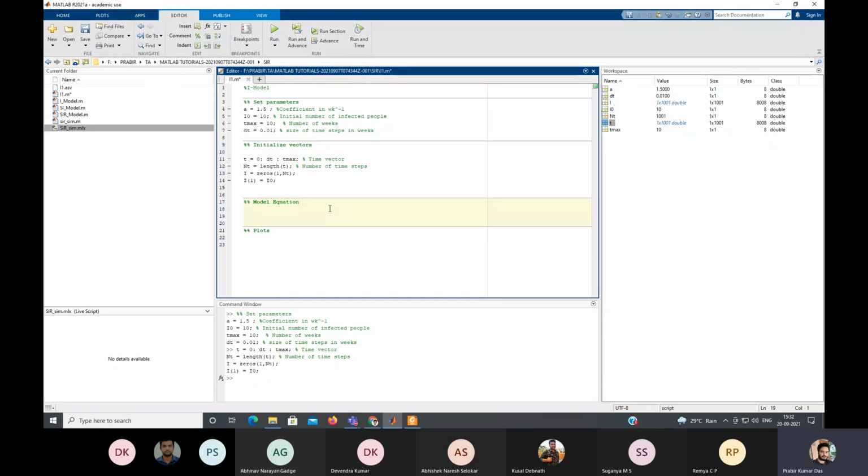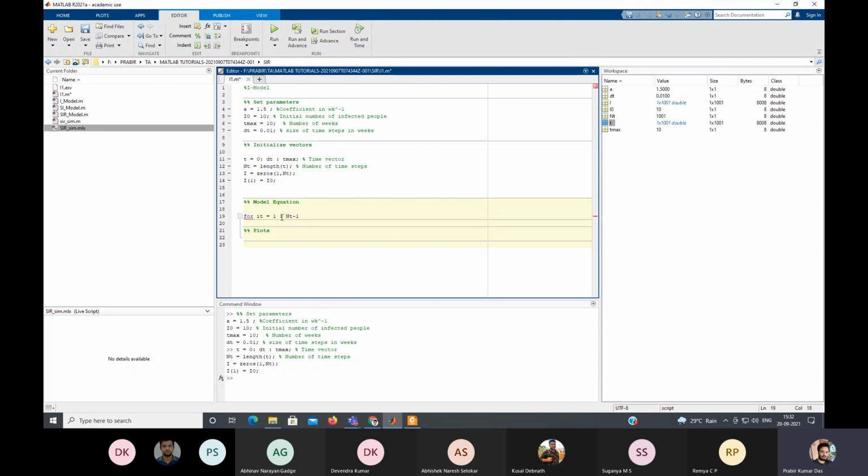Okay, so now what do we have to do? We have to make one for loop and iterate. This is one sample variable from 1 to nt minus 1. Can anybody tell why I take 1 to nt minus 1?